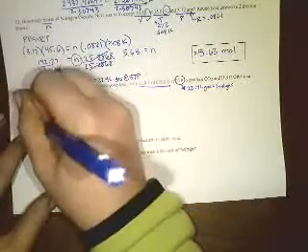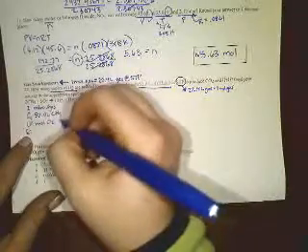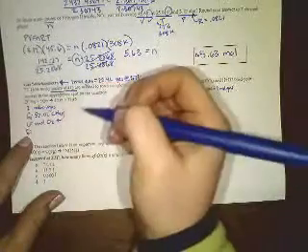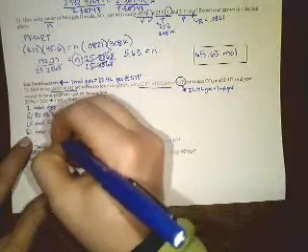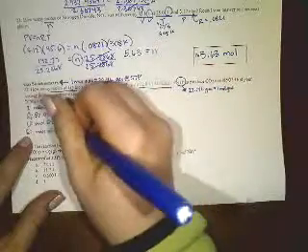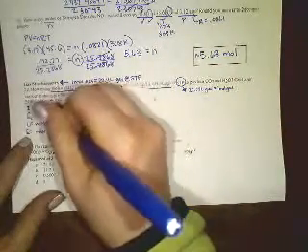My unknown is moles of oxygen because that's what I'm looking for. Equivalence. Well, I have 2 different molecules, so we need a molar ratio, and we use unknown over given. So that means moles of O2 over moles of CH4.